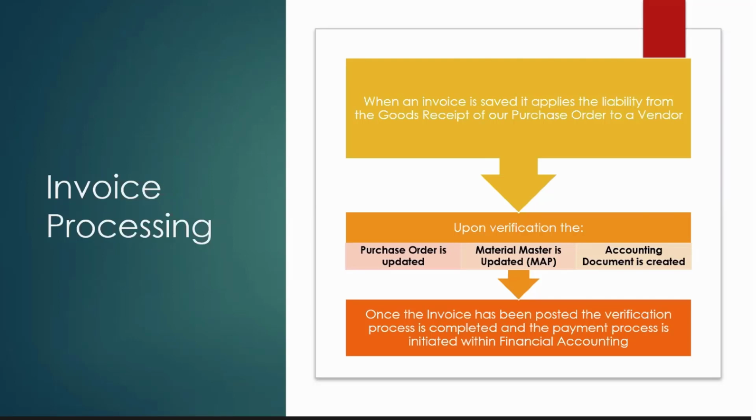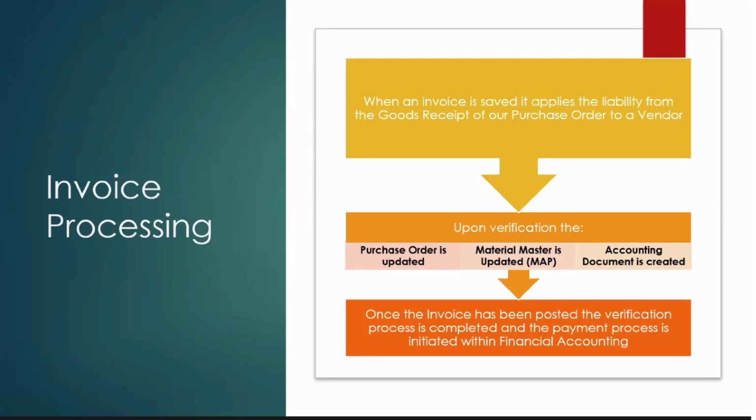Every time that you save the invoice, it creates a liability inside the accounting. Upon verification done, verification of what? Of the invoice, the purchase order is updated. This means that you put in the status of the purchase order that you received the invoice. The material master is updated. Why?